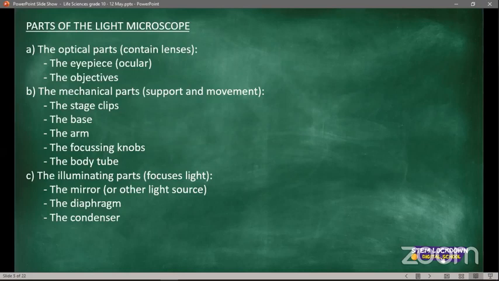Now, guys, when you're using the light microscope, you can use your phones to take a picture of the slide. Remember, if you put your phone on flash mode and take a picture, you can actually see the structure of the cell that you are looking at.